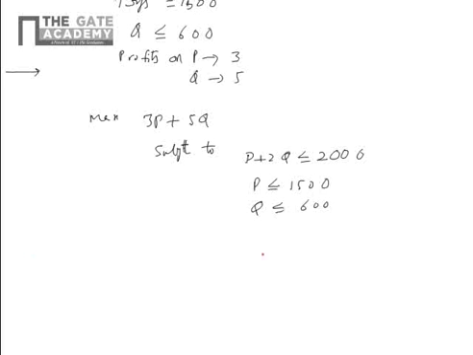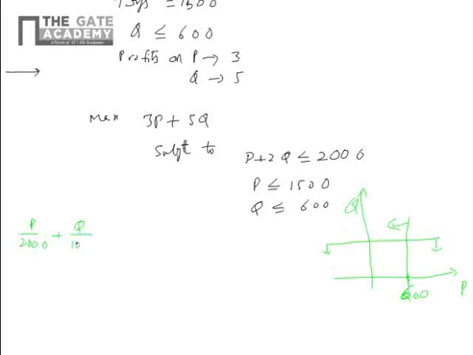So simplifying by the graphical method, p q, he has given q less than 600, p less than 1500, p plus 2q. What are the intercepts? p by 2000 plus q by 1000 less than or equal to 1.